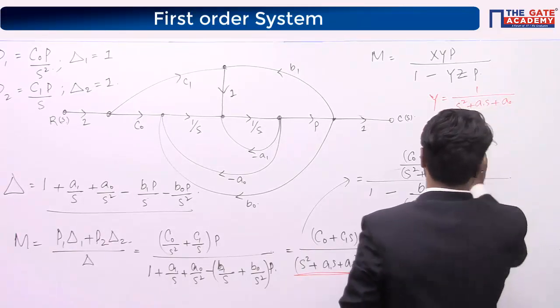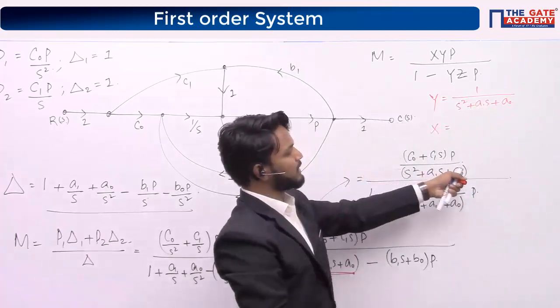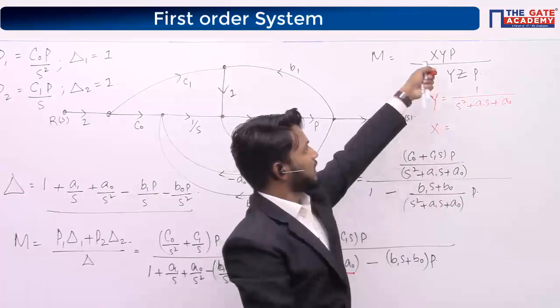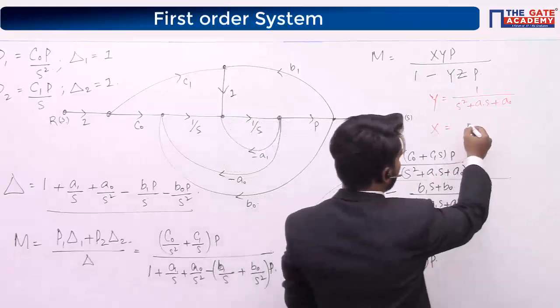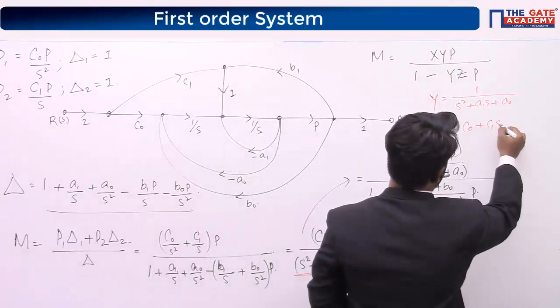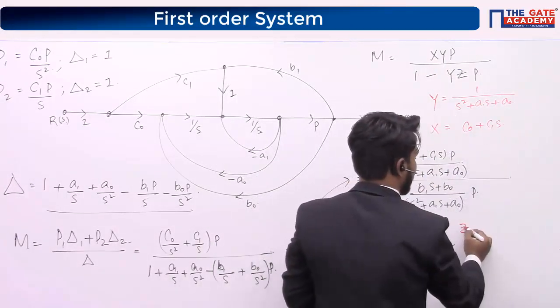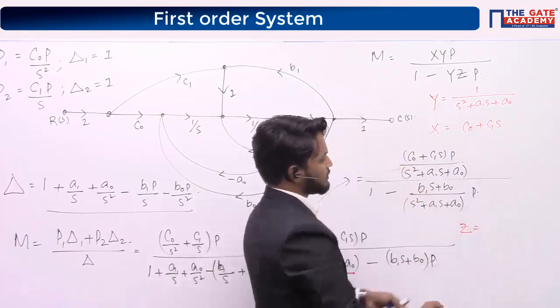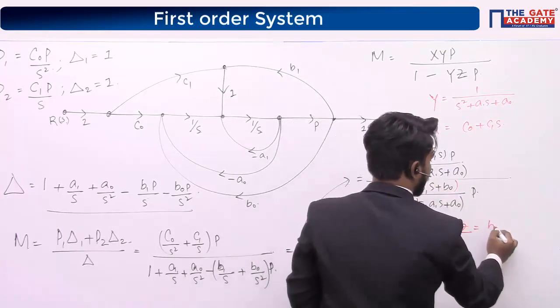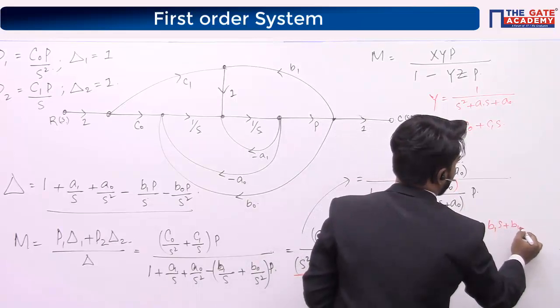And what about x? If 1 by s² + a1 s + a0 is y, then x will be equal to c0 + c1 s. And z will be equal to b1 s + b0, right?